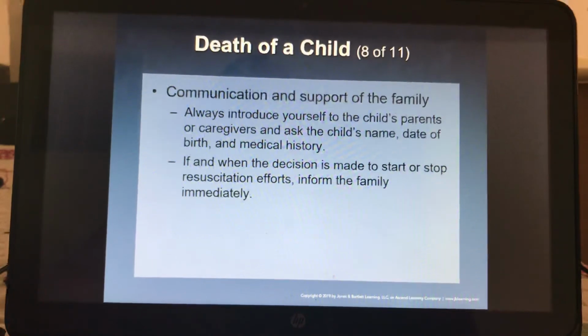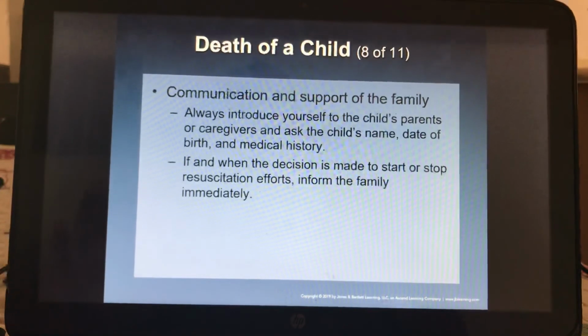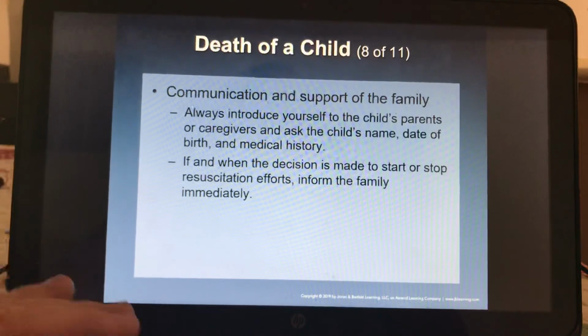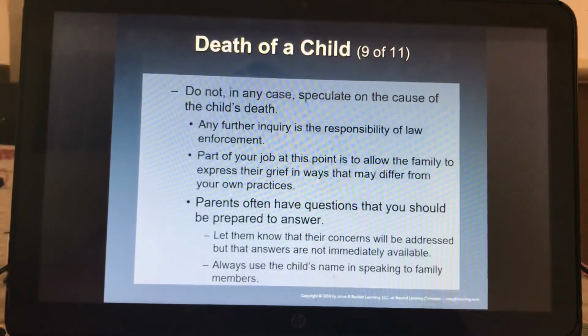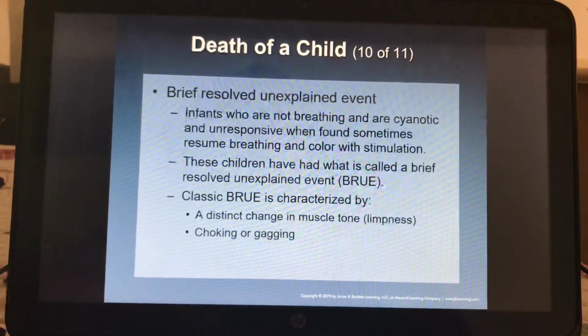I know that sounds counterintuitive, but say, listen, we're doing CPR for them, we're breathing for them, we're giving them drugs. They're not responding right now to the drugs and the treatment and everything we're doing, but we're still going to keep continuing to work and see how this goes. That's the way you need to be with them. Don't speculate about the death. Don't try to have a conversation about how they died. That's not for you to determine.